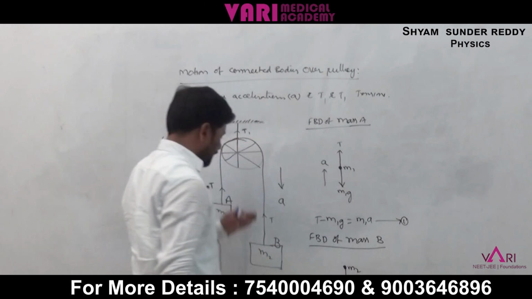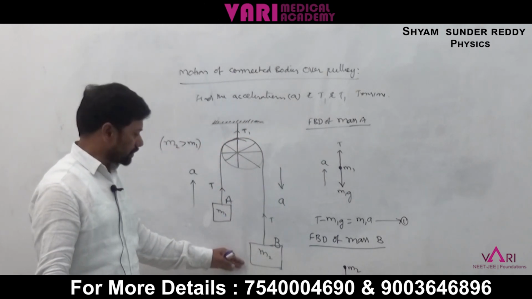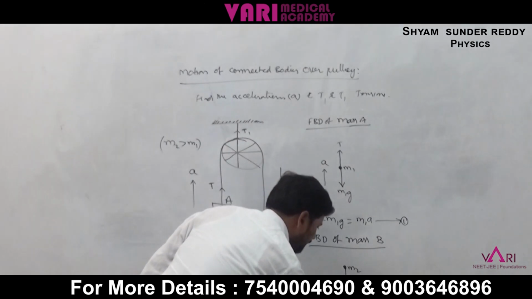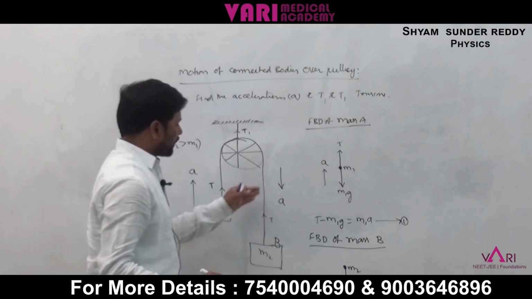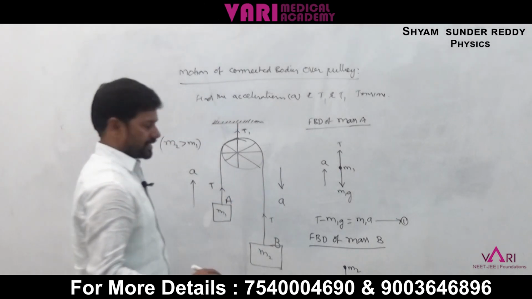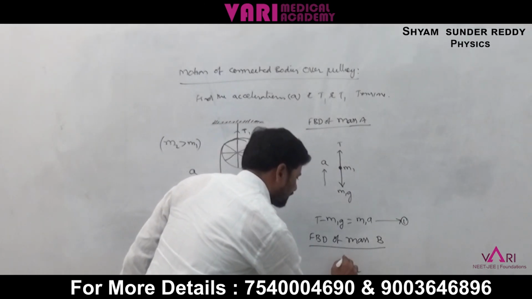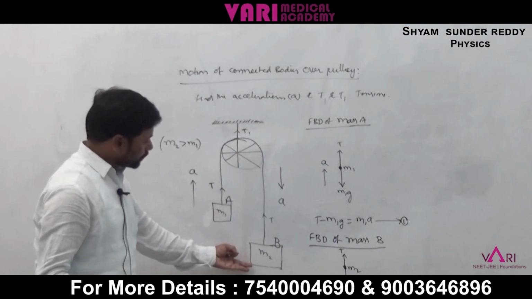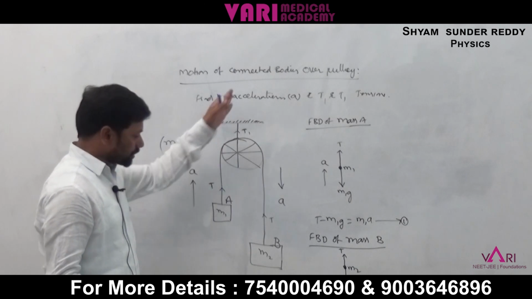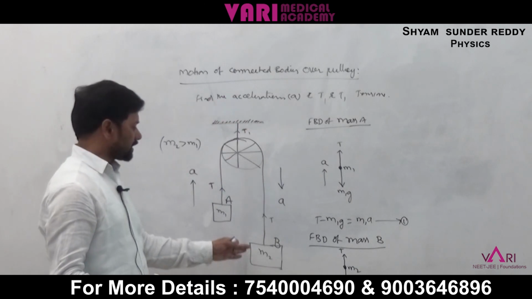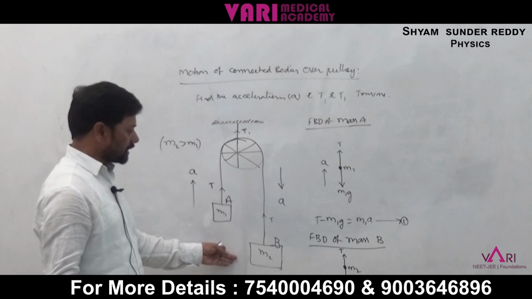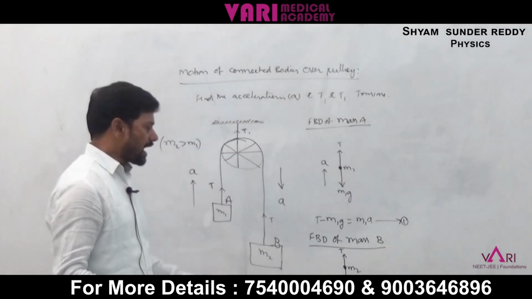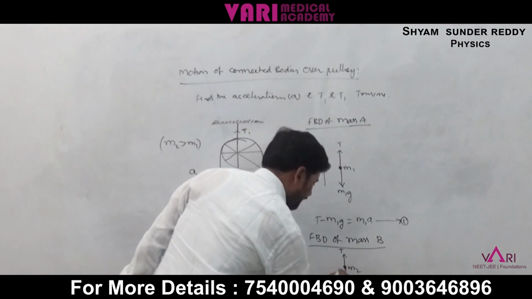In the downward direction, gravitational force M2g, and in the upward direction, tension T. Look at this: M2 is greater than M1, so it is moving in the downward direction. That's why the velocity of M2 is downward, so the acceleration is in the downward direction.